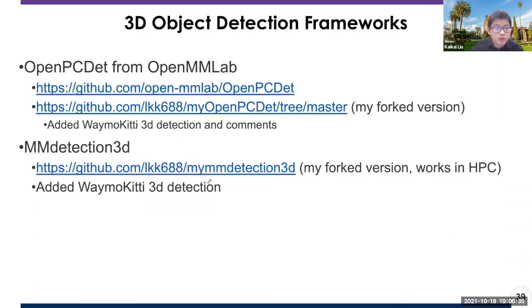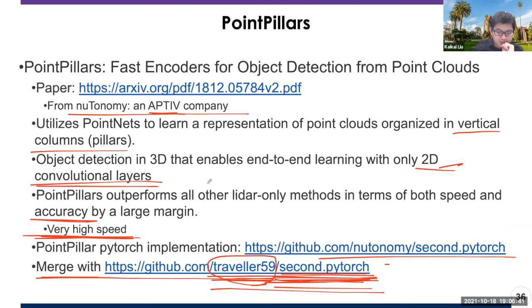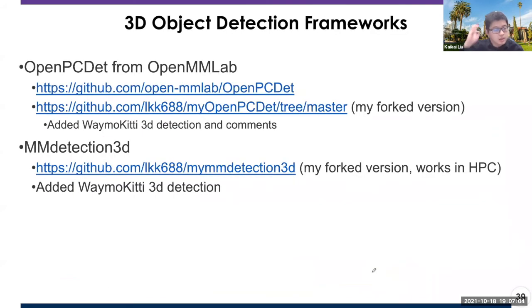Now we can check one recent implementation, because the original implementation from the company is not updated. They merged into the SECOND implementation, but the SECOND implementation also hasn't been updated for more than 2 years. So that's why we didn't utilize these two original implementations. Instead, there are some recent approaches from the OpenMMLab.